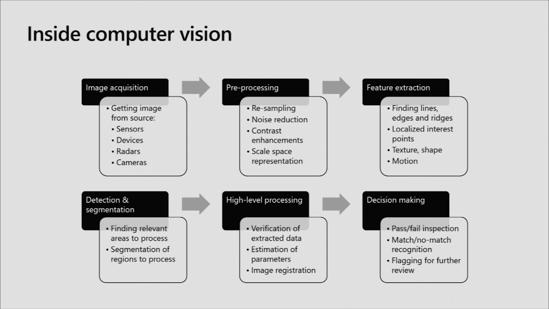Next, before starting analysis, we need to do some pre-processing to get better quality, to remove noise, and so on. So we have to prepare the image for analysis. After this, we can start the first phase.